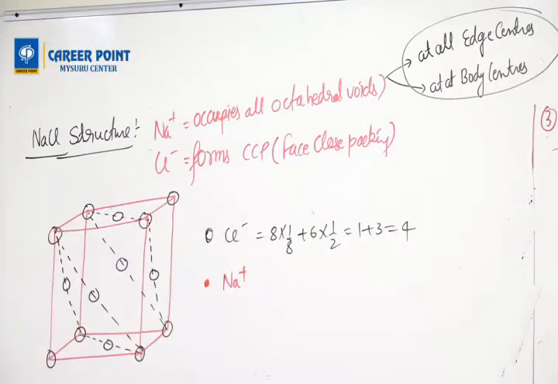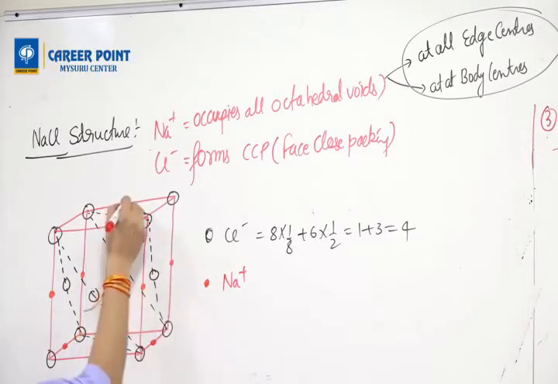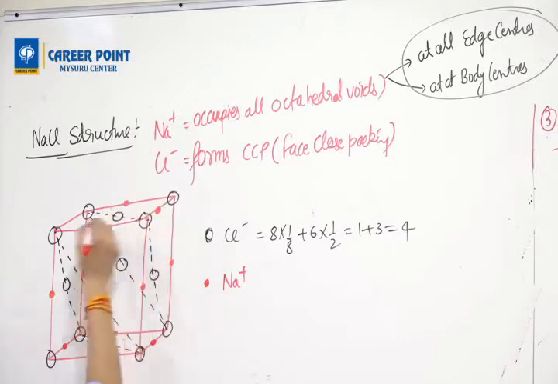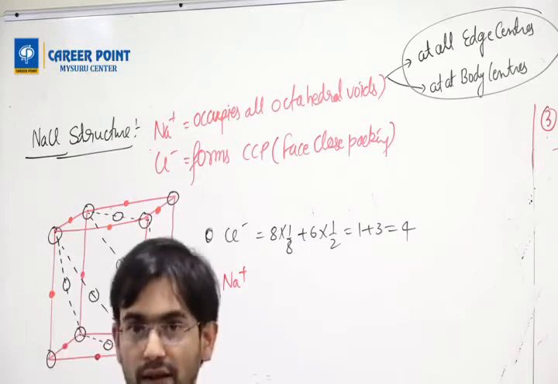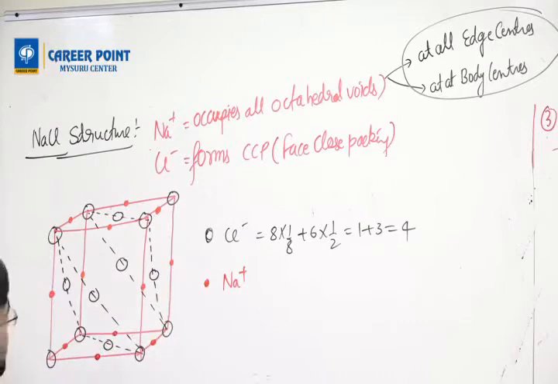Edge center means this is an edge, so here is one edge center, one more edge center, and so on for all 12 edges. What else is remaining? The body center also. So I have to draw a body diagonal now, from the back corner to the front corner.